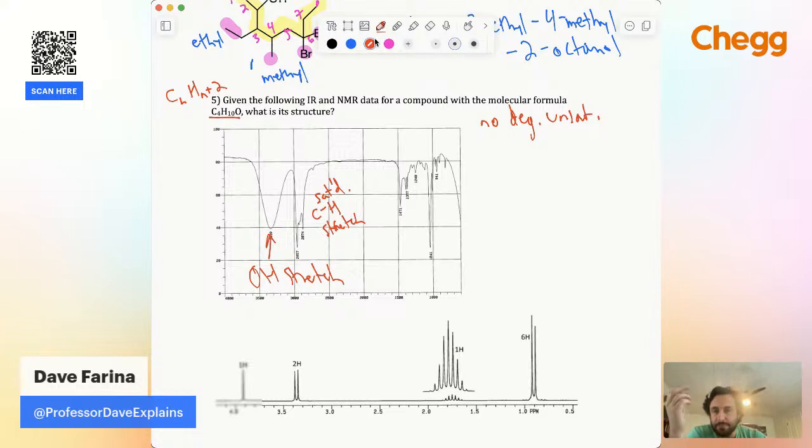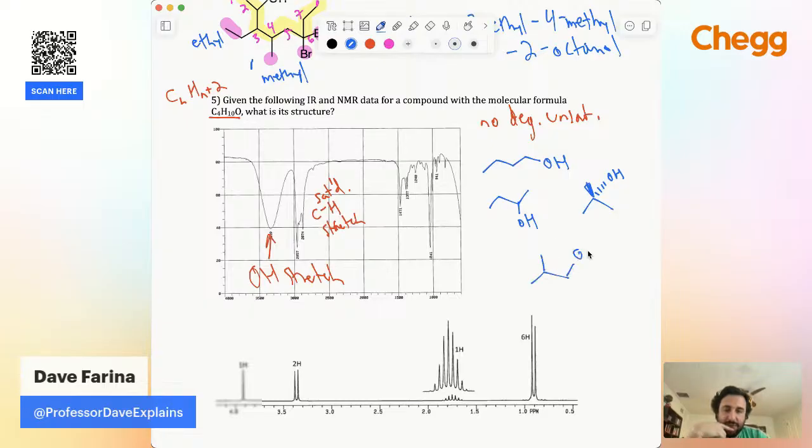Has to be. So if we have a 4-carbon molecule with a hydroxyl, let's see, we could have this, we could have this, we could have this, we could have this. I think that's it. I'm pretty sure that's the only ones that come to mind.